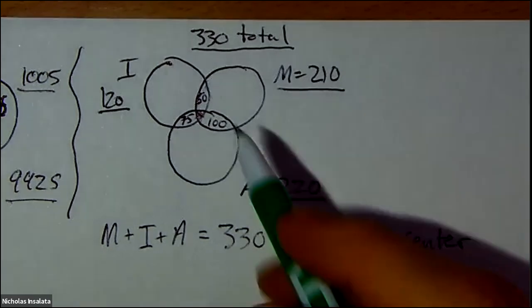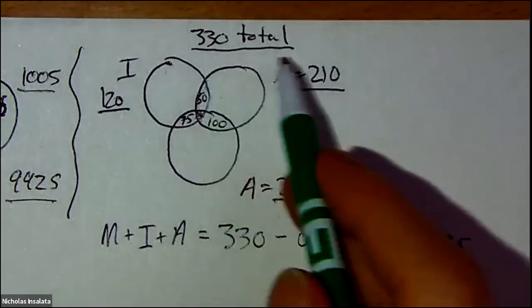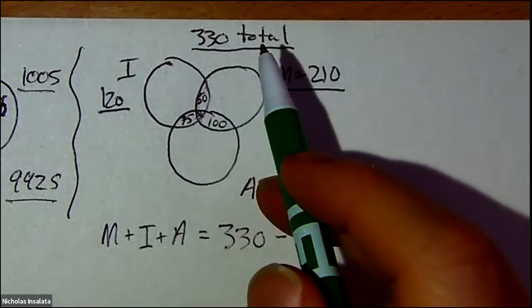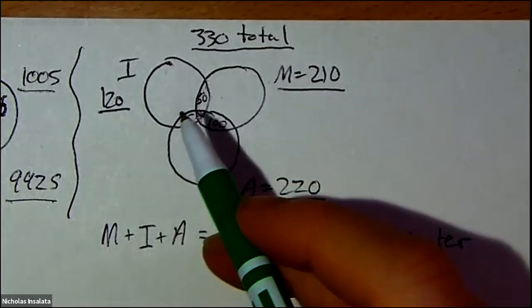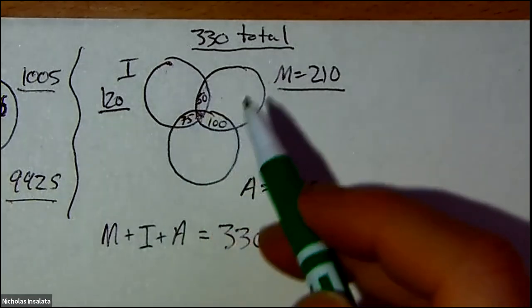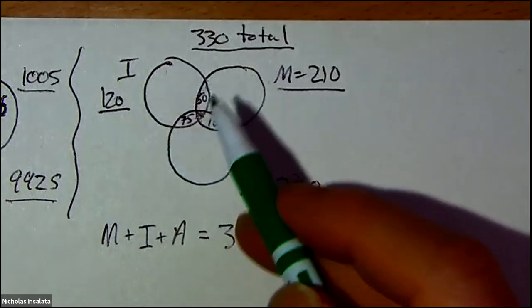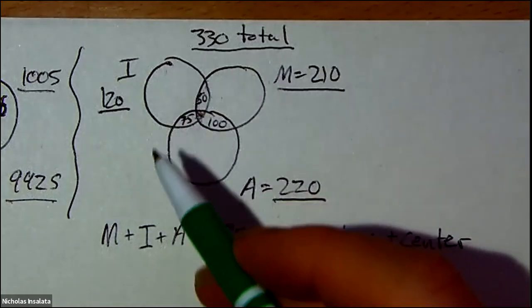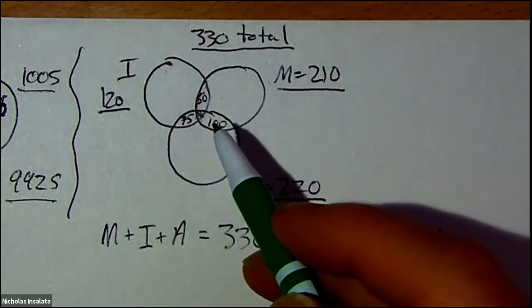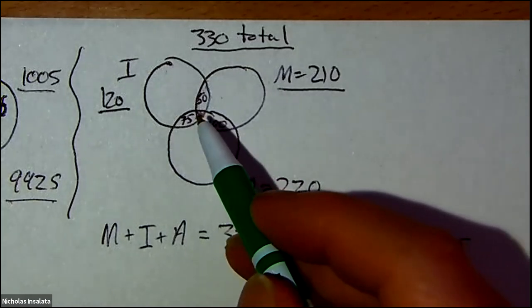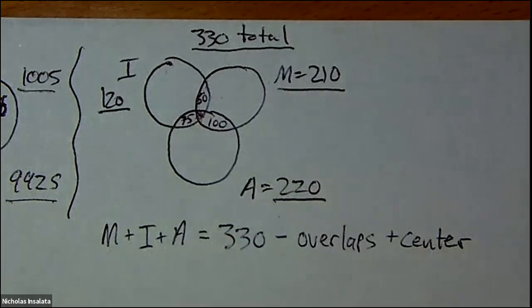Okay, so if we add everything up, we get 330, right, for the total number of people. But here what we're saying is, we're going to take all of the people that like Mexican food and all of the people that like Italian and all of the people that like American, and we're going to count the overlaps twice, and we're going to count the center 3 times, right?